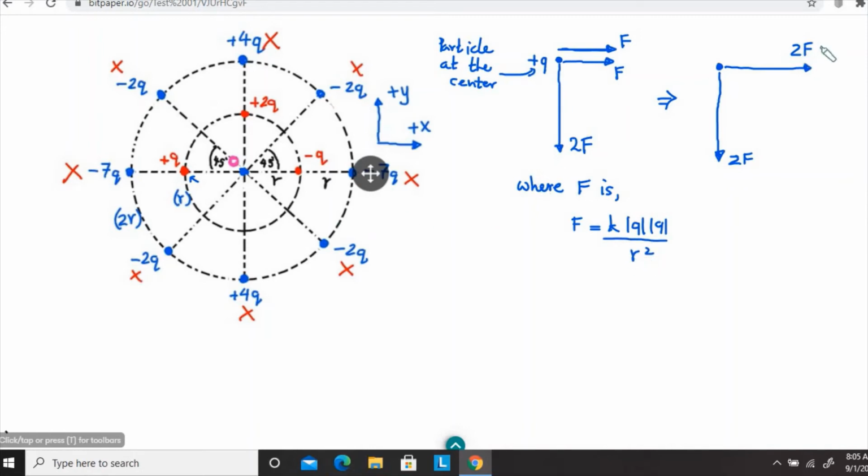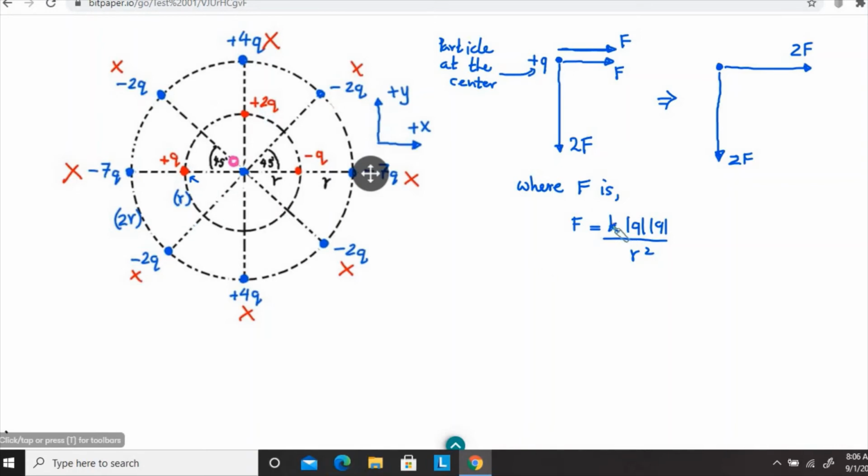So the 2F force, you can see this 2F force is K Q. Instead of this Q, we apply the 2Q, and that's why it becomes 2F, because one of these charges is twice the value of the other charges.